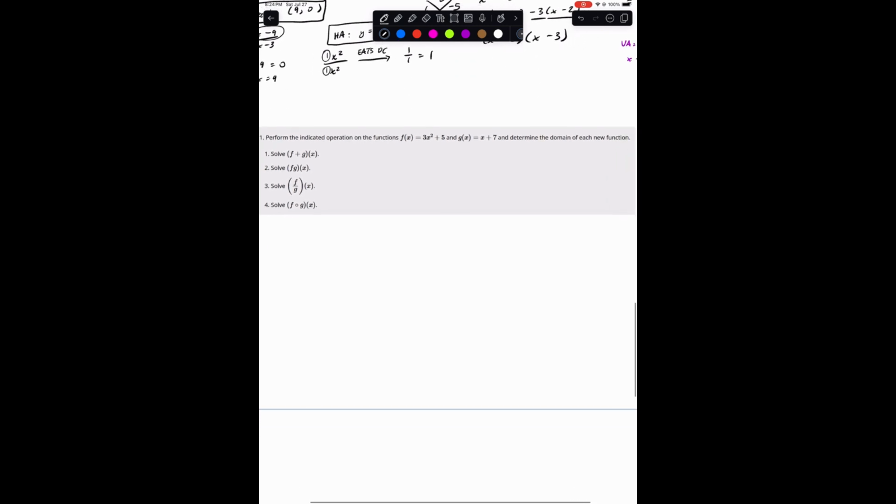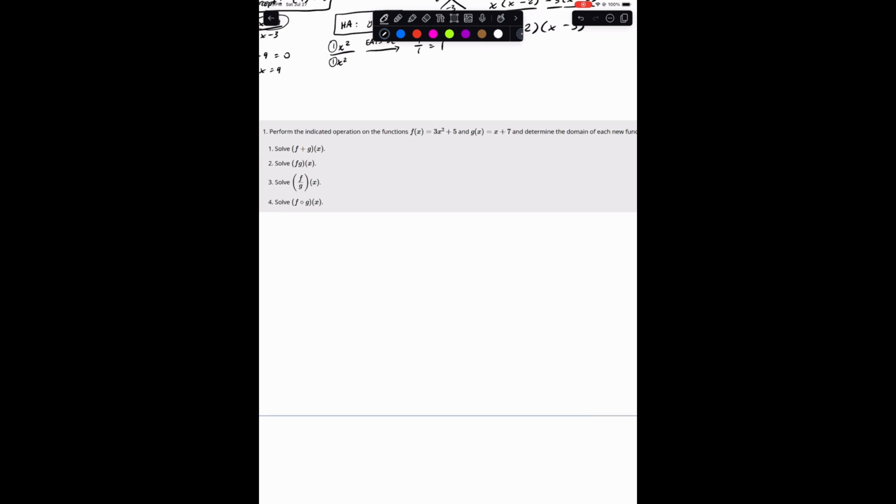Now we have these two functions, right? And we need to find the domain of the new function. So number 1 is f plus g of x. Okay, so f plus g means we just add.